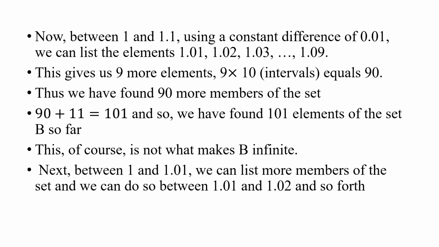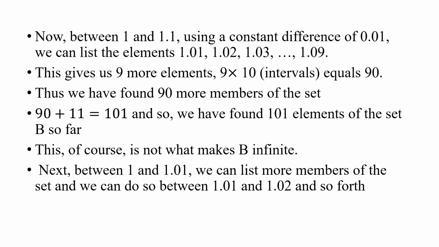Thus, we have found 90 more members of the set. If we add this to the 11 we had, we will now have 101 elements. This, of course, does not make B infinite. It is not what makes B infinite. A set with 101 elements is still a finite set.